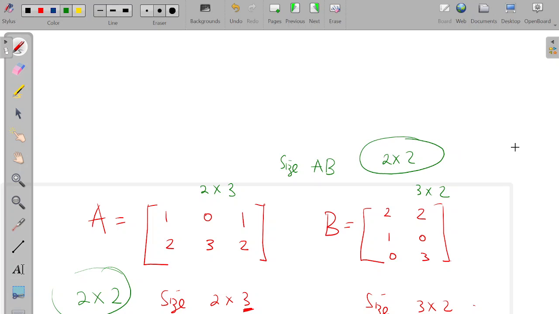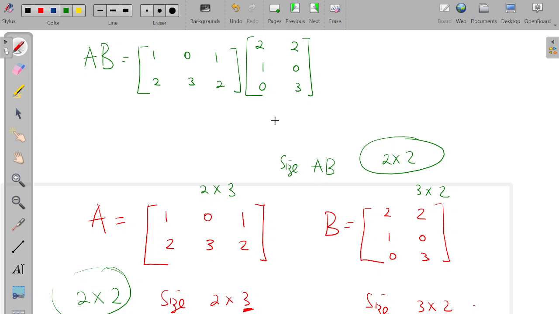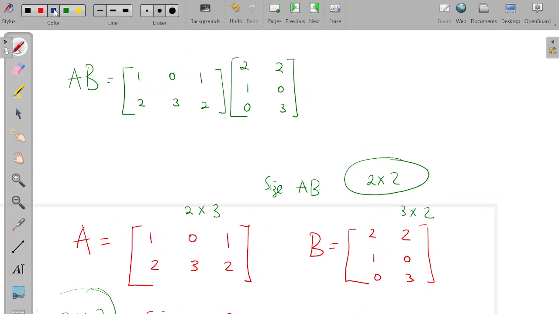It's very important to know the size you are going to get later, because that will help you in your multiplication. So I want to multiply A and B. That will now become 1, 2, 0, 3, 1, 2, multiplied with B, which is 2, 1, 0, 2, 0, 3. Please, when you are multiplying two matrices, put them side by side in order to have your multiplication nicely and correctly.